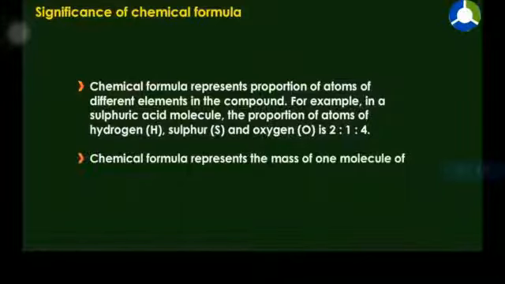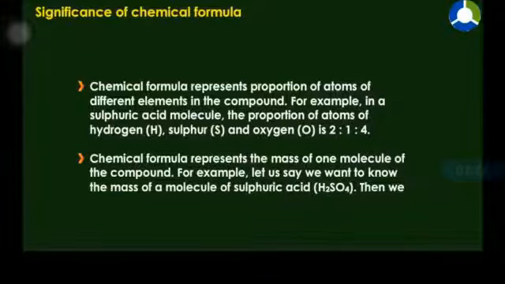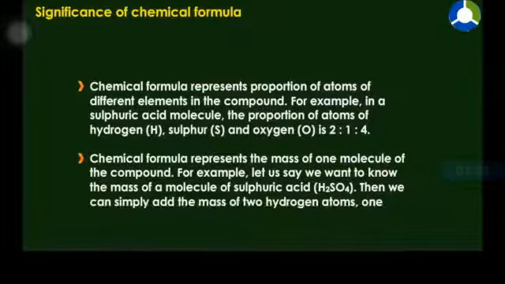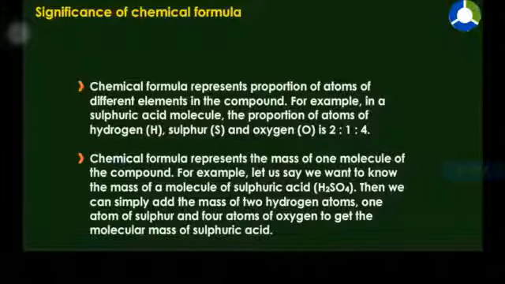Chemical formula represents the mass of one molecule of the compound. For example, let us say we want to know the mass of a molecule of sulfuric acid, H2SO4. Then we can simply add the mass of 2 hydrogen atoms, 1 atom of sulfur and 4 atoms of oxygen to get the molecular mass of sulfuric acid.